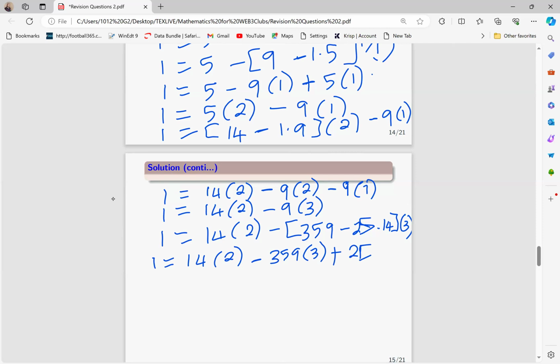Yeah, 25. 14 times 3 is? That's 25. 14 times 3 is 42. That one is 25, isn't it? I forgot. 3 times 14 is 42.